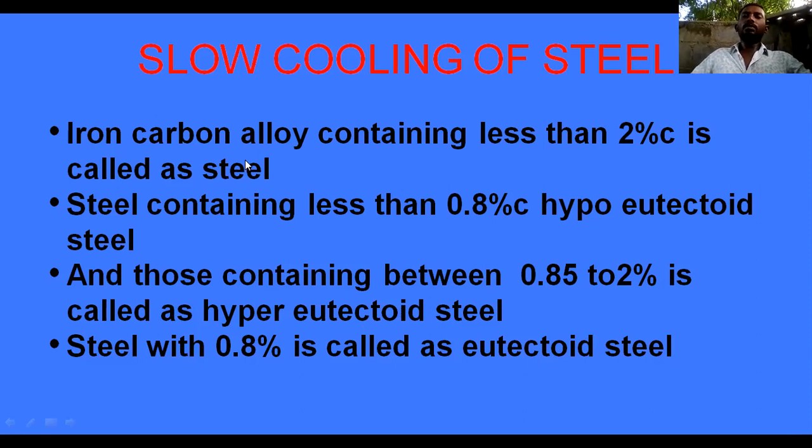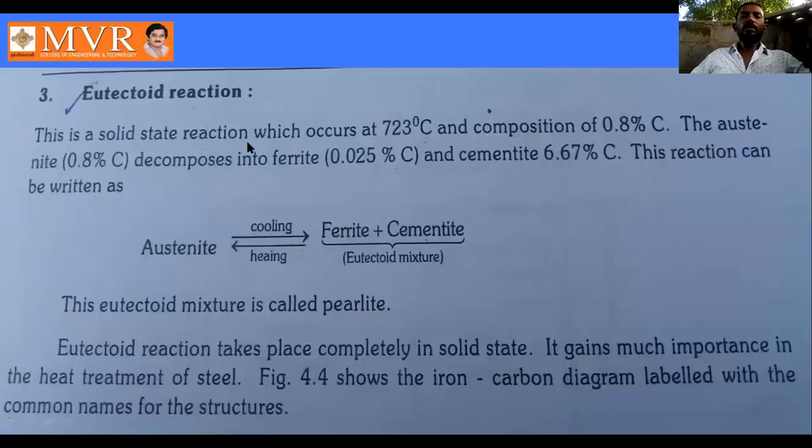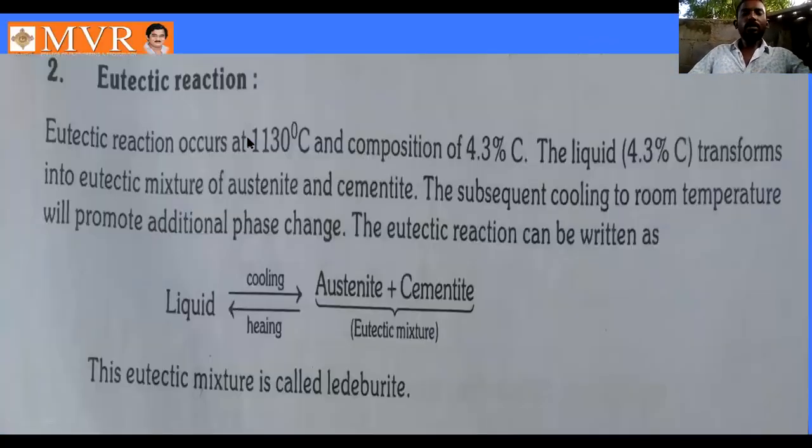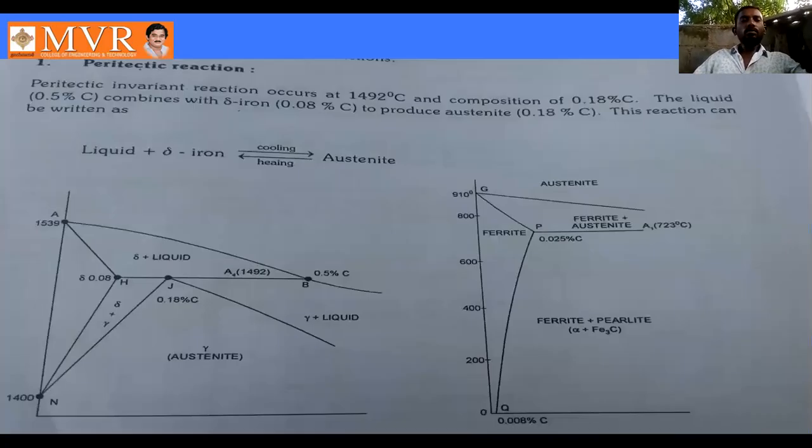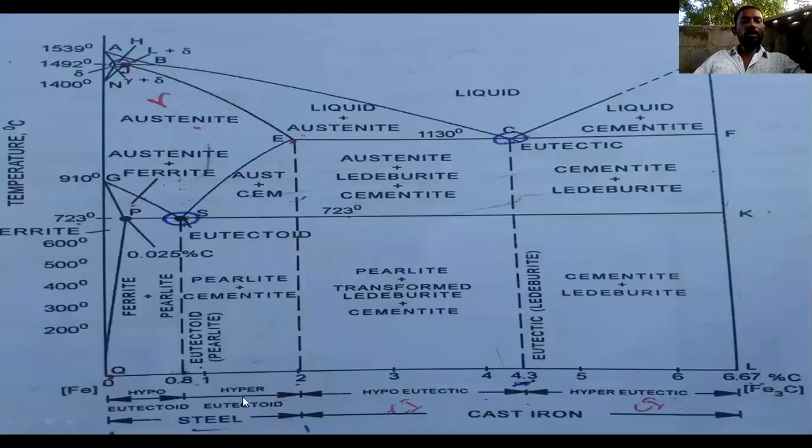So the previous diagram, we have seen phase diagrams, which we can observe not for cast iron. This one we can see on carbon content up to 2% only.